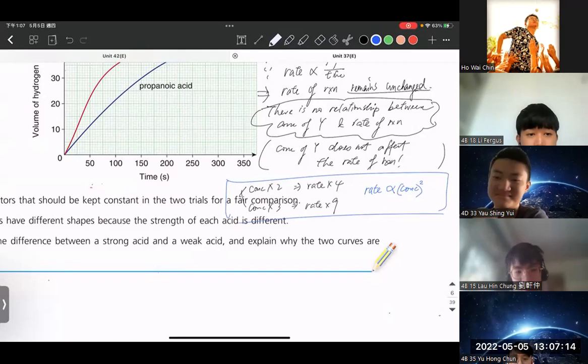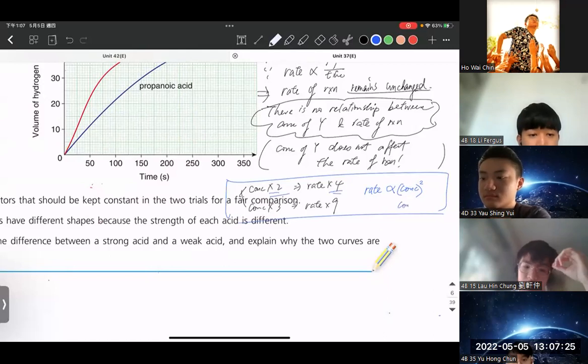Rate is directly proportional to concentration square, which means that when concentration is double, it is 4 times. So the concentration is 2 times, and then square. So of course it's 4 times. Once I put it 3 times here, you make it square, it is now 9 times faster. Do you understand? So that is also happening in your exam.